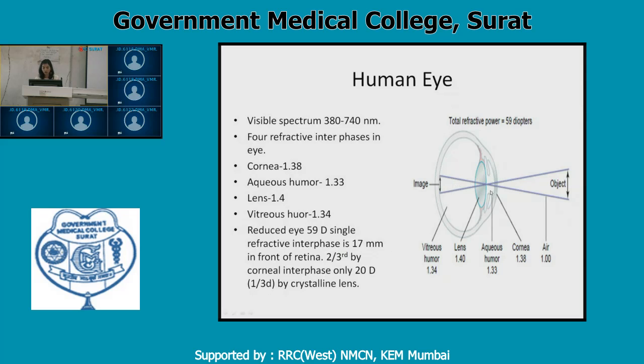In fact, the crystalline lens contributes just 1/3 of the dioptric power of the eye, around 20 diopters. Major contribution of this 59 diopters is through the cornea. So the main refracting surface of the eye is the cornea.